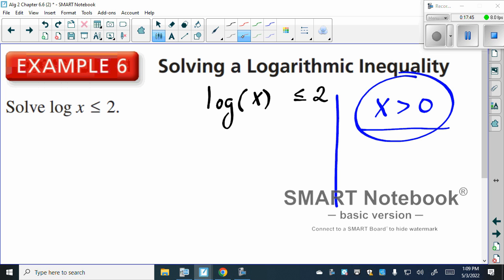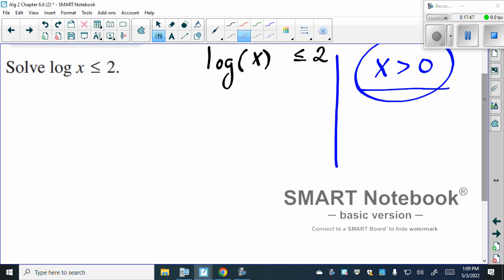So, now we can look at the actual problem. Log of x is less than or equal to 2. So to solve this, we're going to use the base 10. Because 10 to the log of x, the 10 and the log would simplify out, giving us x is less than or equal to 10 squared.